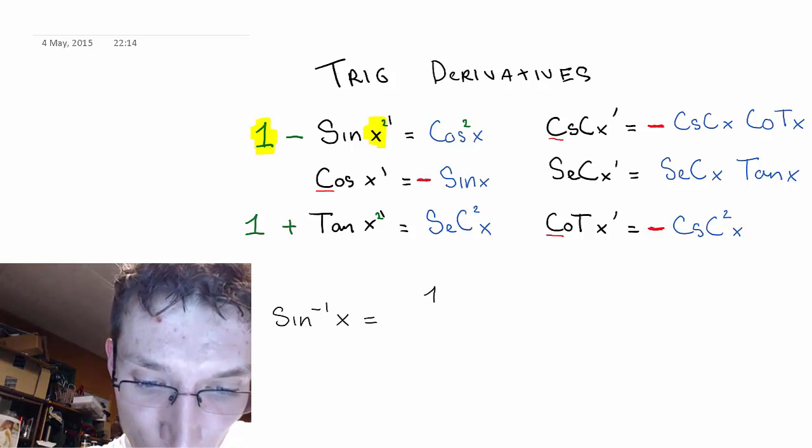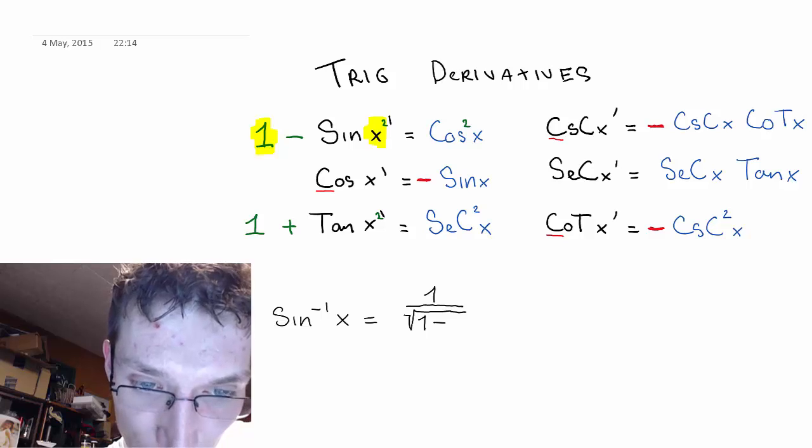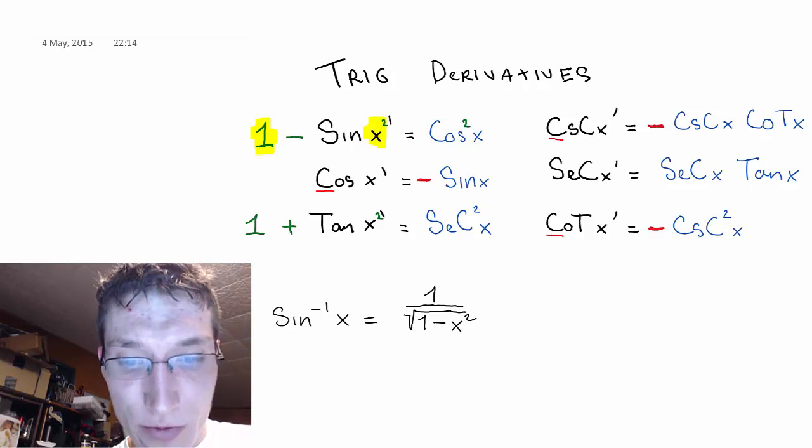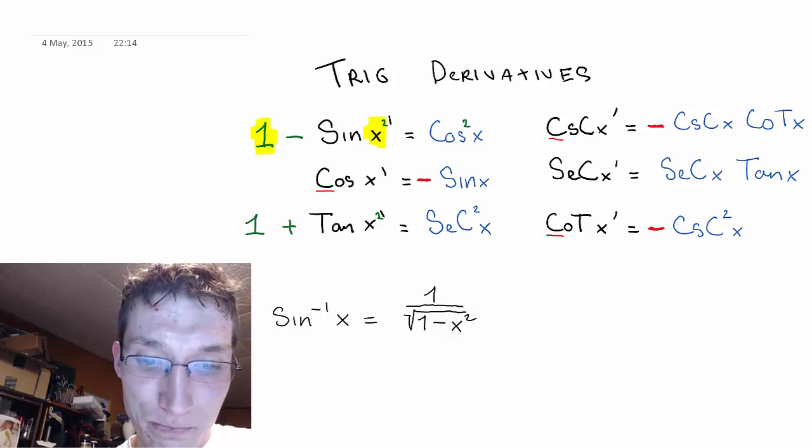So it's going to be 1 over square root of 1 minus x squared. As you can see, it comes right from there.